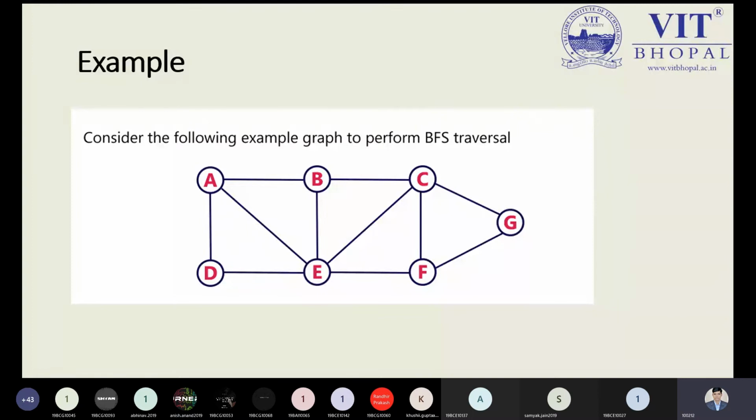Next, Paragi Vijayavargi. Paragi? Paragi. Roll number 19 BCE 10261. Paragi visible किया.